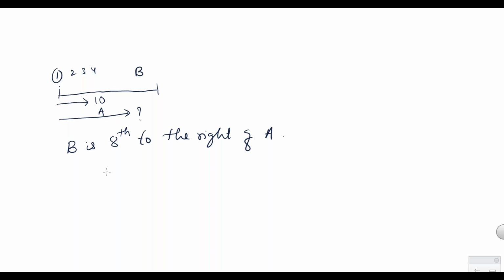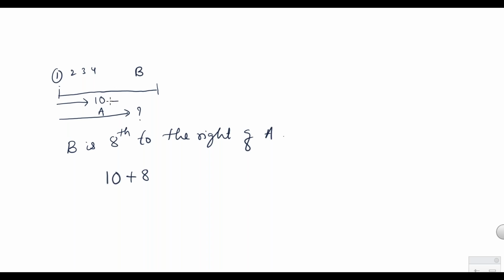What is the position of A? Already we know position of A is 10. Now B is 8th person to the right of A. So 8th person means we have to include up to B. For example, A is the 10th person.